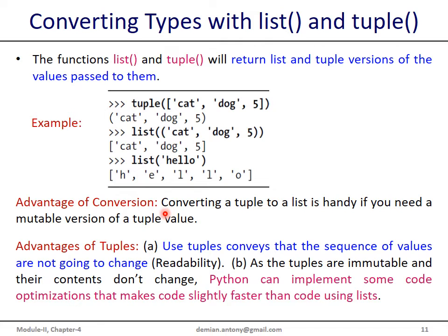There are 2 advantages. One is to improve the readability. How does this tuple implementation improve the readability? Let us say we have a list structure, and we know that we are not going to modify the list elements in the program.